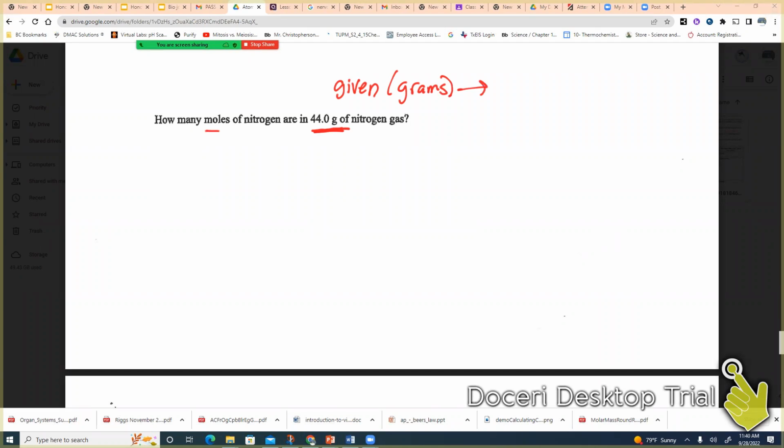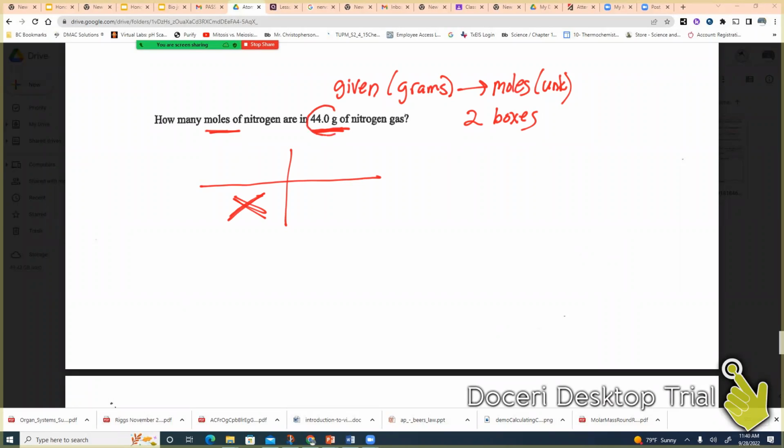And I want to go to my unknown, which is moles. So just a flip of the one that we did. So it's still 2 boxes. Still not putting anything down there.